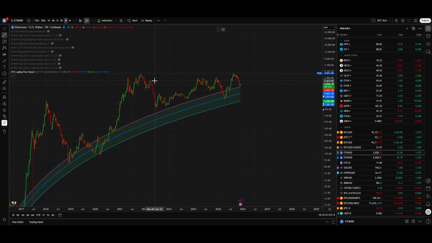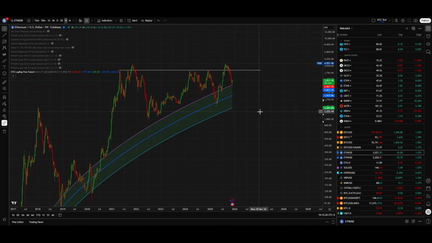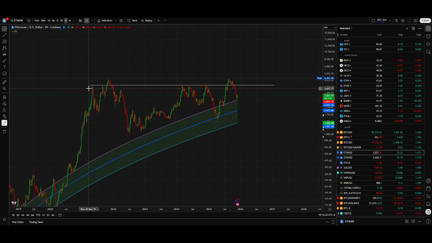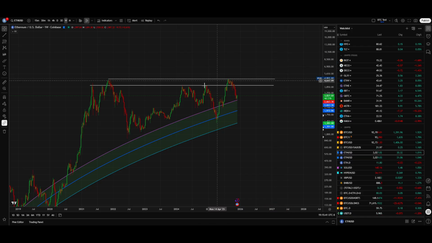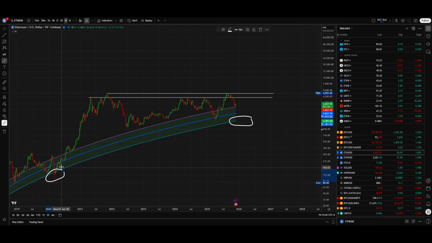The entire cycle, had you just shorted 4K here, here, you would have been profitable. Doesn't matter how you look at it. Had you shorted 4K multiple times, you would have been profitable. And once it finally broke through on its 4th retest or whatever that was, you could have just shorted the next range high because you knew ETH had never gone home.